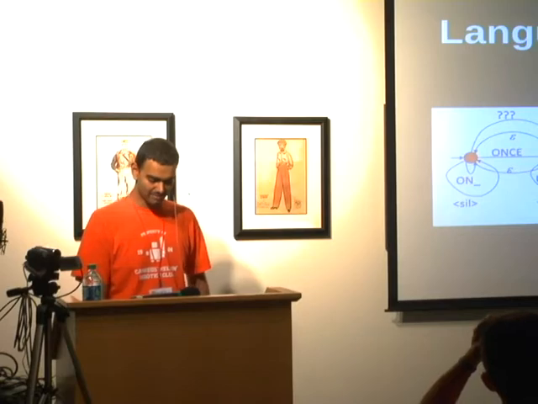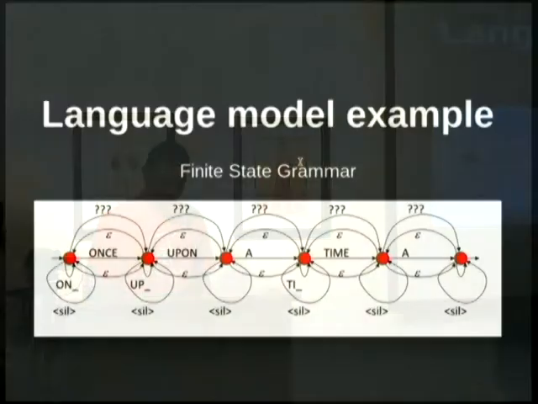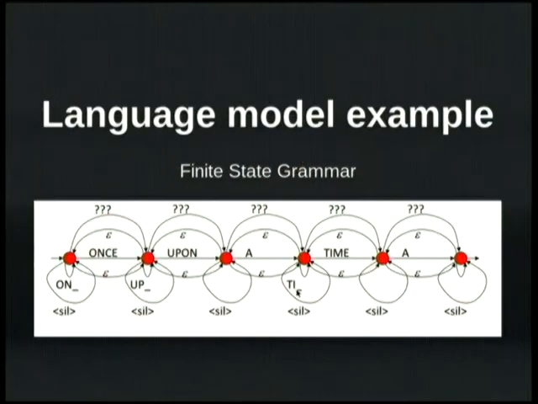This is a typical language model example. Say, for example, I'm speaking once upon a time. What I'm trying to do here is tell the recognizer that I'm guaranteeing I'm speaking only one of these 5 words. And if I speak anything else, it simply has to reject that.